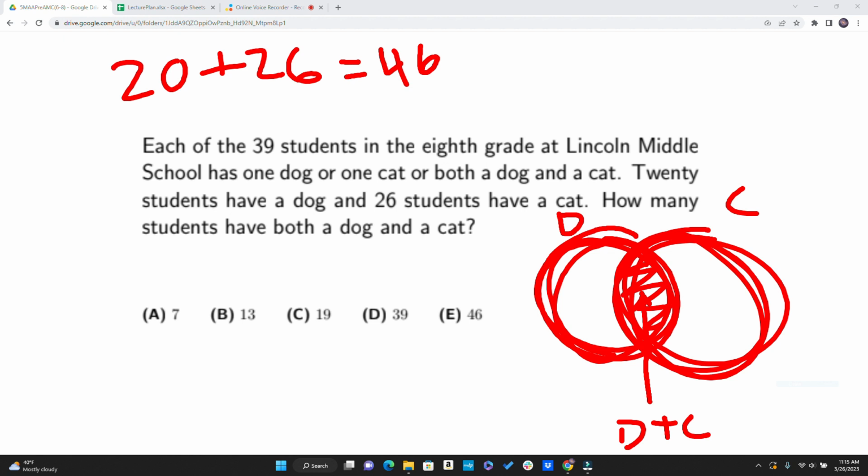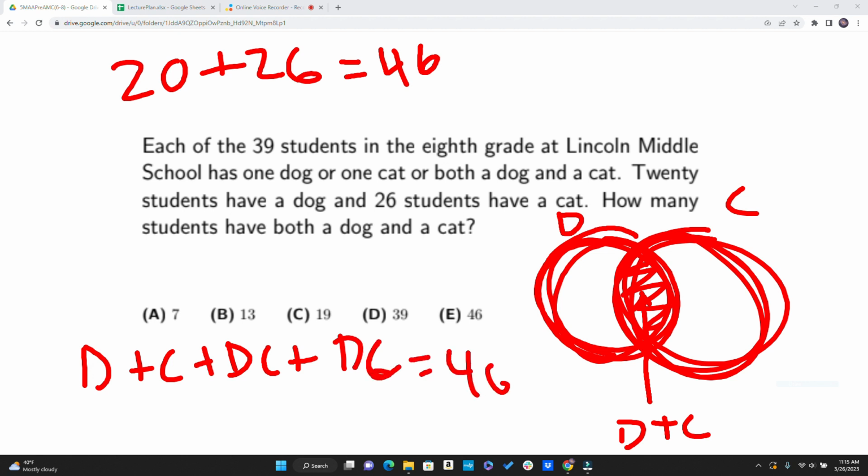So what we've got is dog plus cat plus dog and cat plus another dog and cat is 46. But the total number of people in the class, that just accounts for the people who have a dog, the people who have a cat, and the people who have both. Right? We only count them once. To count the number of people in the class, that's 39. Okay?